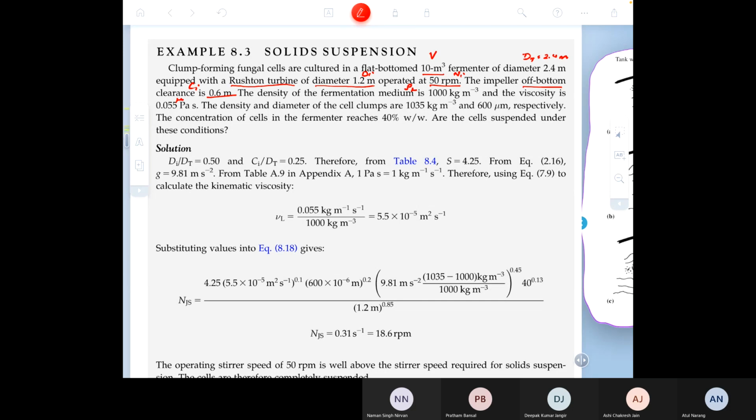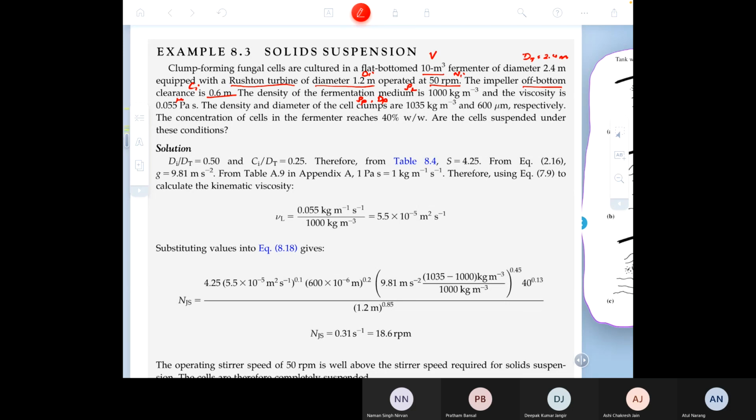The density and diameter of the cell clumps. So this is rho P, the density of the cell clumps, and dP is the diameter of the cell clumps, both of which are required.